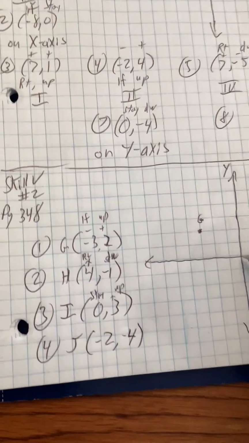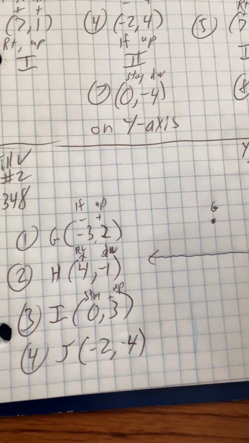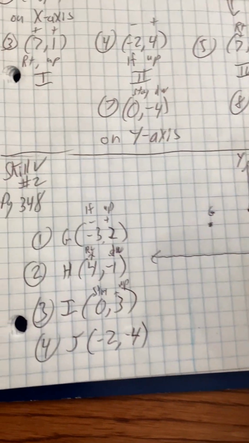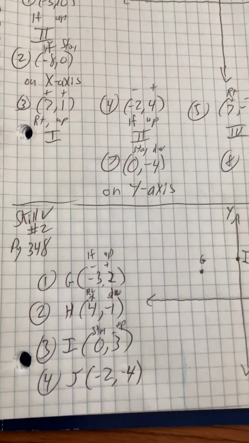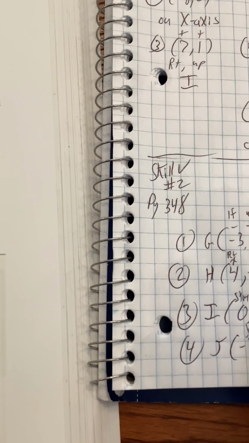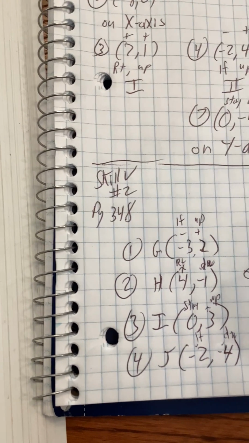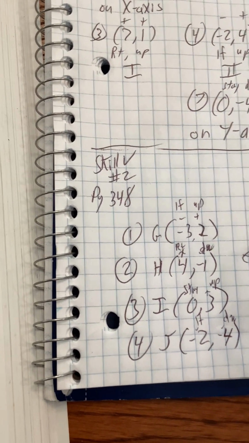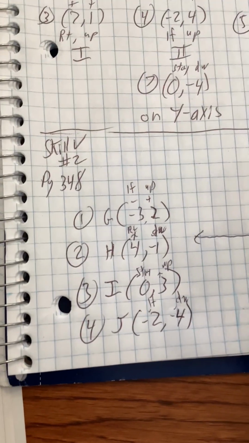So stay and up 3. Here's my point, and that's I. So I put an I here. I'll put it on this side so I didn't get confused with that one. And then this is negative, negative, so that's left and down. So I'm going to go left 2 and down 4. I know I'm going to end up in the third quadrant, and that's my J.